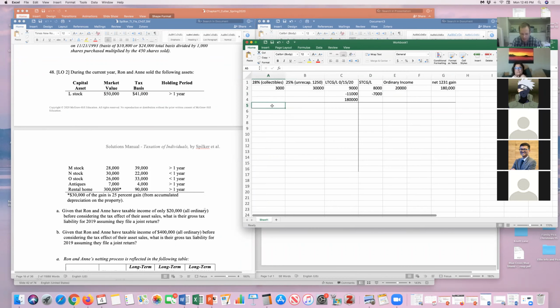I just want to net each column together first. 178. This is going to be, I'm done with this, because I already put that over here.